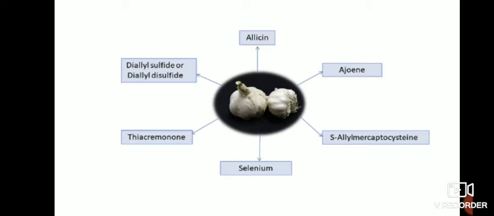This garlic has various contents like allicin, arginine, S-allyl mercaptocysteine, selenium, ajoene, diallyl sulfide or diallyl disulfide. All these ingredients together make what we call garlic, and there are a lot of scientific as well as medicinal uses of all the contents of garlic.